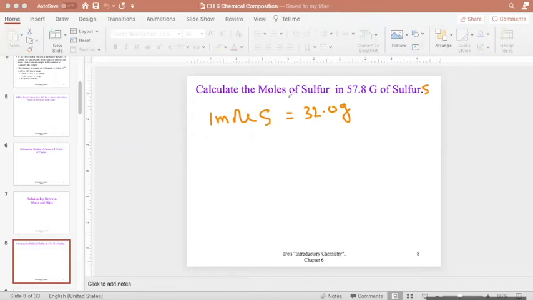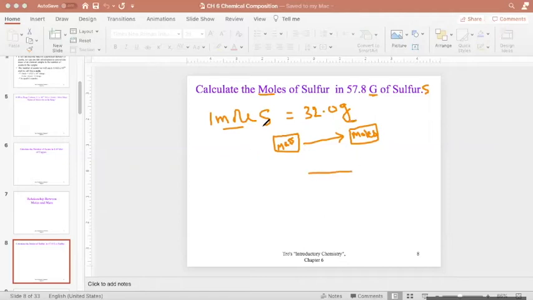So we need moles. What we have is mass, mass is given, and we need moles, so we can go from mass to moles, right? Because mass is normally calculated in grams. The unit is grams.